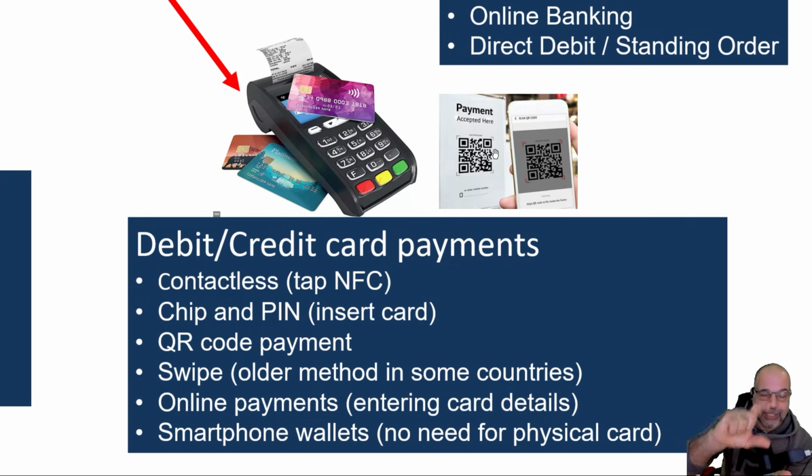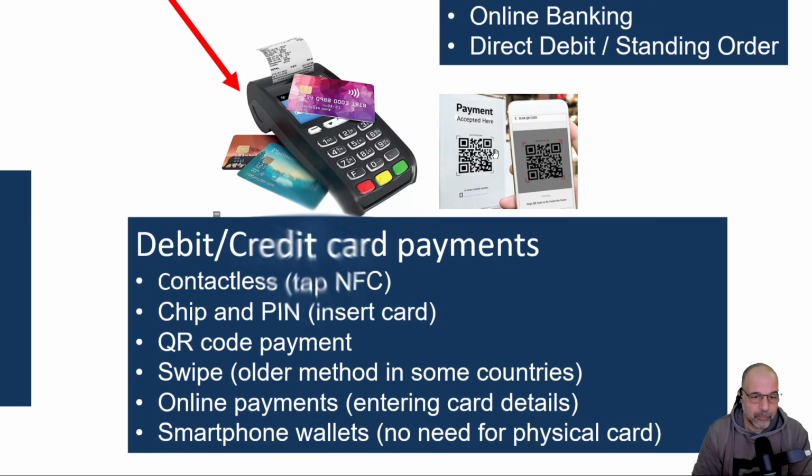They will read the magnetic strip, and their little skimmer device will record that data and store it. And then they will send that data to a hacker who will duplicate your card and payments will be able to be made. So swipe, the older method with the magnetic strip, is not as secure, also slower, less secure.